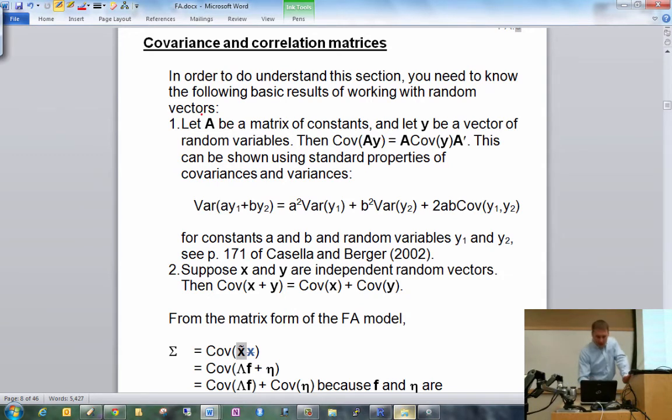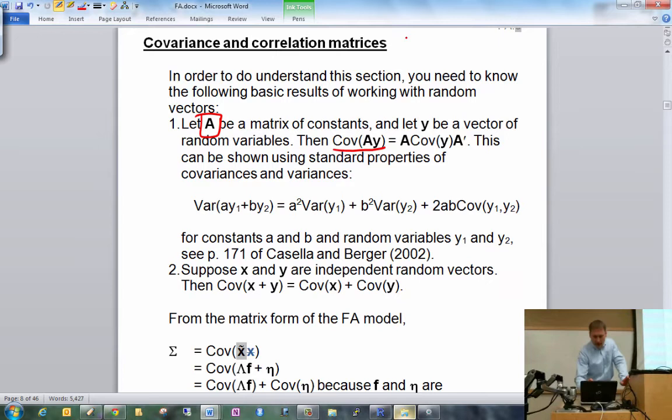So, suppose we have a matrix A of some constants, just some numbers, and we have a random vector, y. Let's say that you want to know, well, what's the covariance, not just of y, but how about A times y? Notice that this A, when you multiply by y, allows you to find linear combinations of your y's.